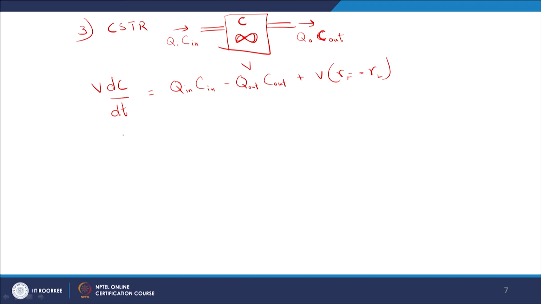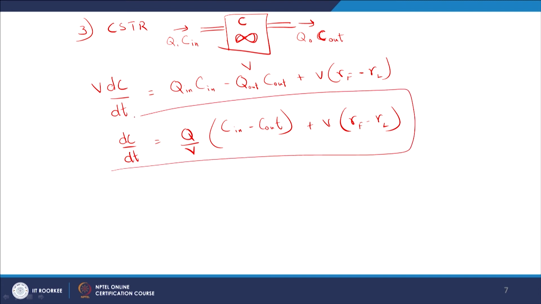So dC/dt will be equal to, I am assuming Q_in is going to be equal to Q_out in this case, if not, you can obviously look at that, C_in minus C_out plus volume into rate of formation minus rate of loss of your particular compound. This is what we have here.